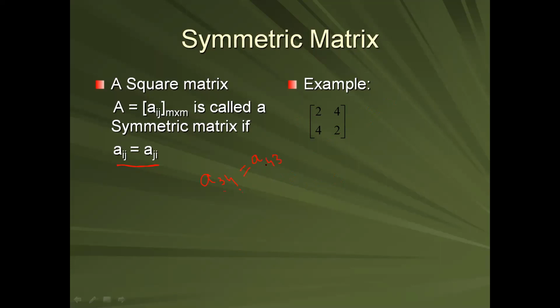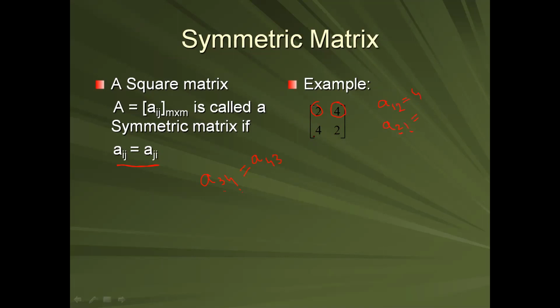So mathematically it says that the element in the ith row, jth column should be the same element in the jth row and ith column. For example, here this is first row, first column. This is first row, second column, so it is called A12. A12 is equal to 4. So A21 should also be 4.